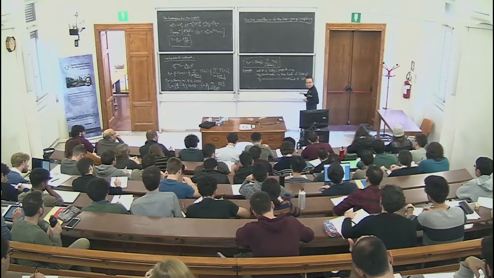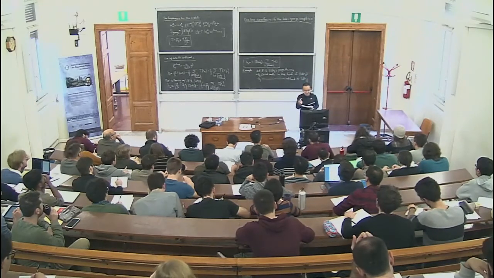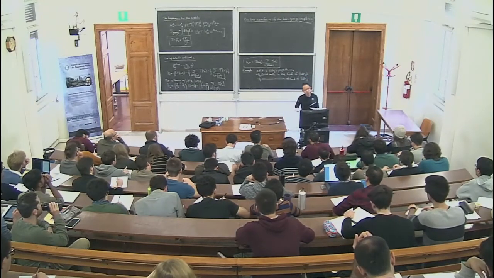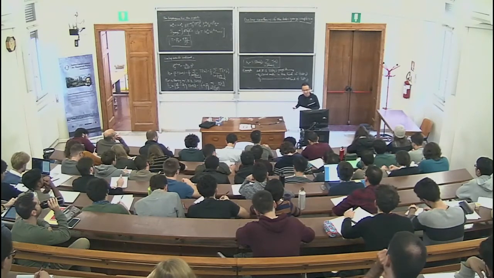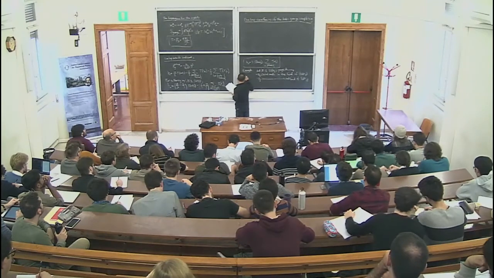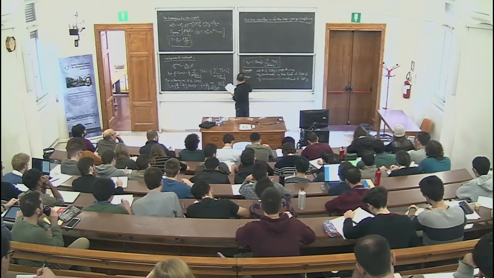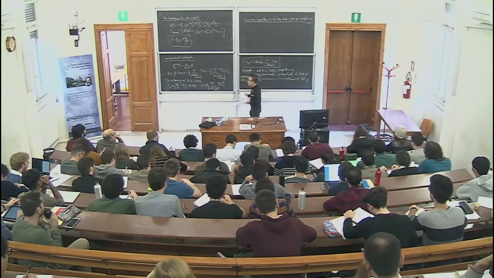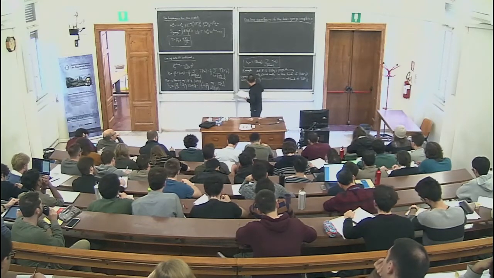Does this smell something familiar? It looks like QCD, right? It's a supersymmetric version of QCD. So this theory is known as supersymmetric QCD, and this is known as SQCD.